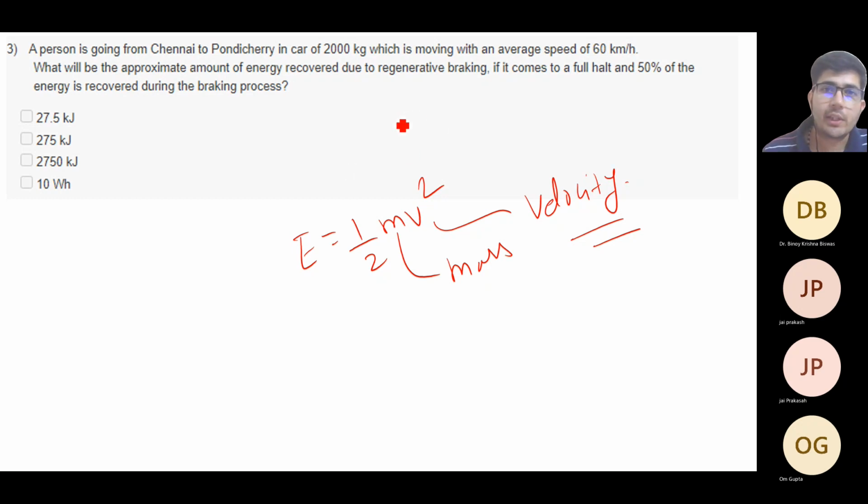Try to follow the units. The speed is given in kilometer per hour, so first convert this speed into meter per second.